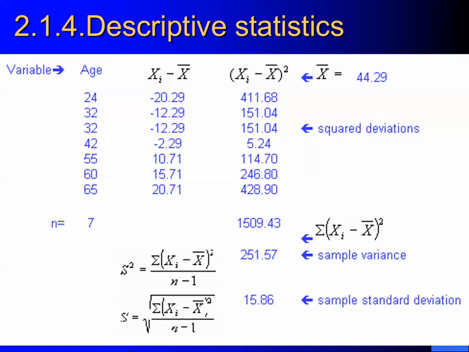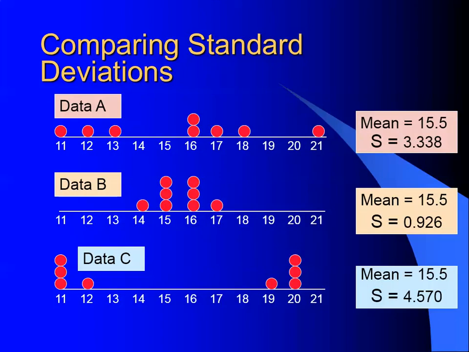But we must understand the meanings, what this is, and the purpose of usage. So again, why do we need different assessments for deviation, for variability?